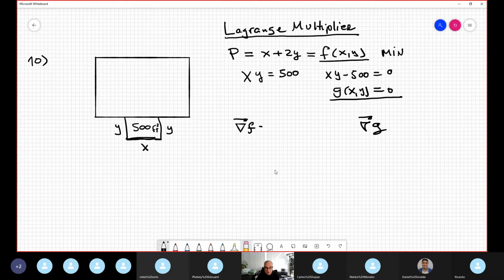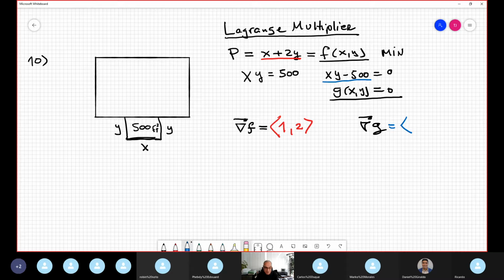The gradient is the partial derivatives. The partial derivative with respect to x is 1, and 2 for y. This is the partial derivative of the function with respect to x, and this is the partial derivative with respect to y. Same idea for g.